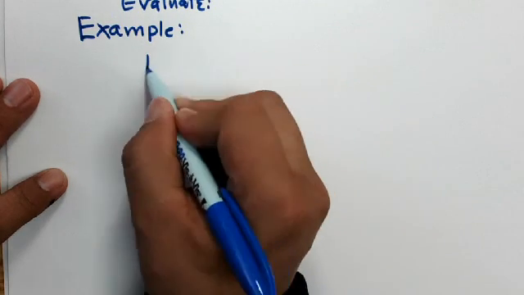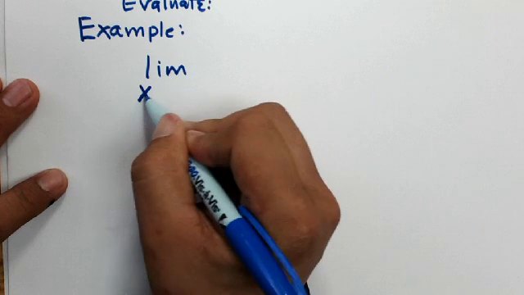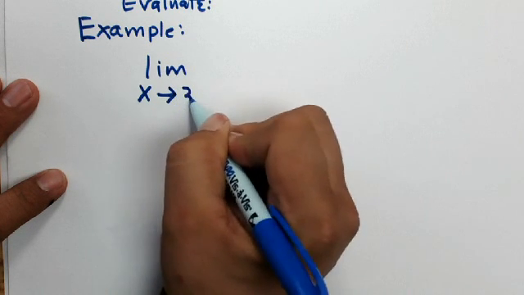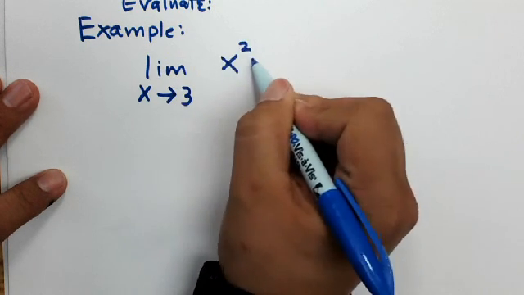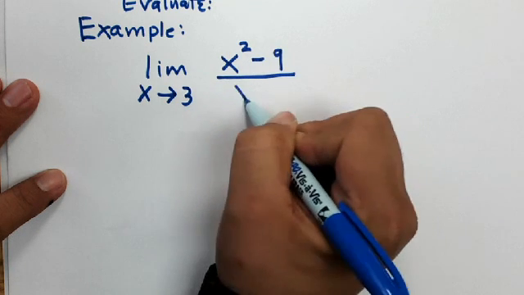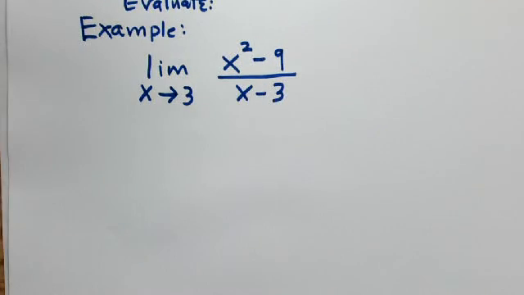This example is the limit as x approaches 3 of x squared minus 9 over x minus 3. Let's try it first with the calculator.